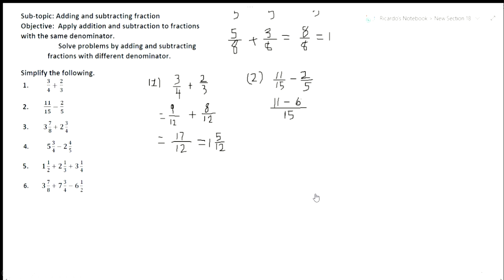Okay. So now we can subtract. That is going to equal, when you subtract 6 from 11, you get 5. That will be 5 upon 15.